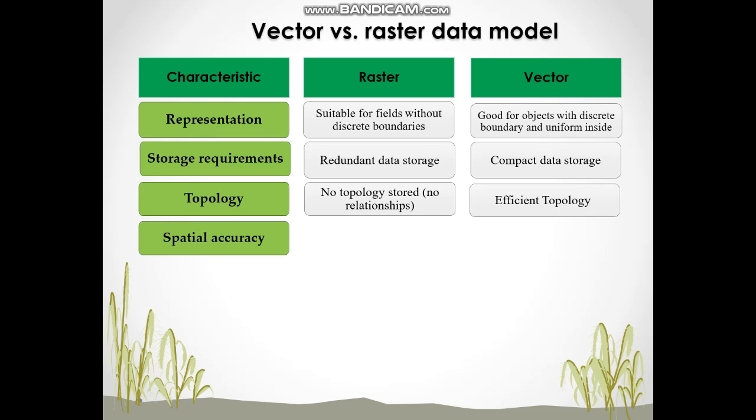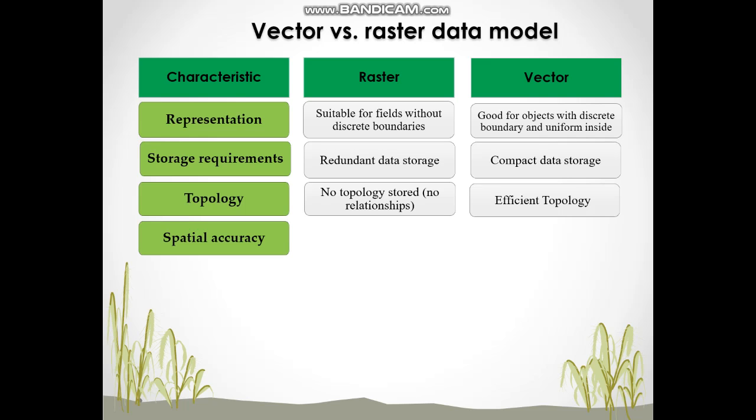For spatial accuracy, the raster data model usually has lower spatial accuracy. Depending on the cell size, if we have a 1 meter cell size, it is more accurate than a 10 meter cell size. But generally, because every cell can only be assigned one value, we have to apply a winner-take-all strategy for the raster data model, which means that we are losing information, we are losing spatial accuracy, and some details are missed, right?